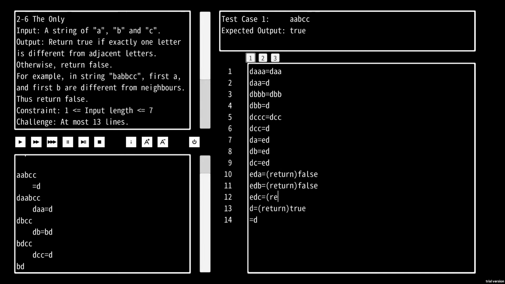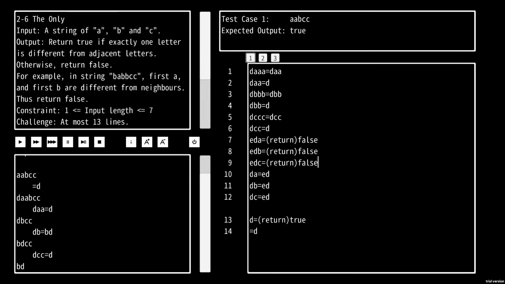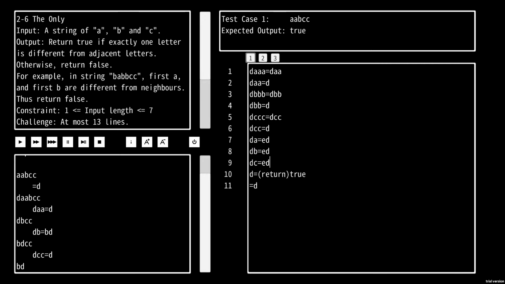Oh, I have to do this one by one. These would be up here. Wait, what am I doing?